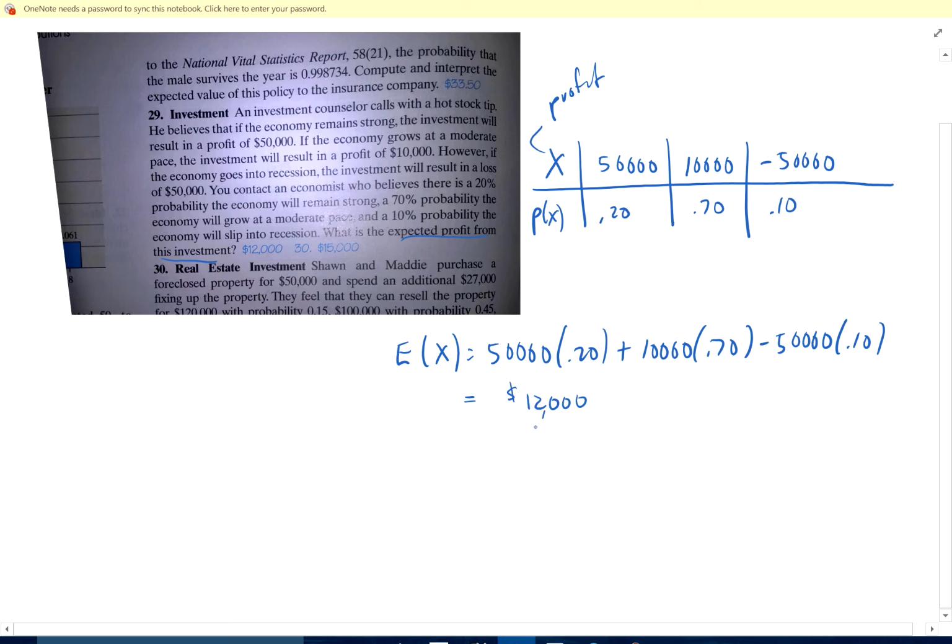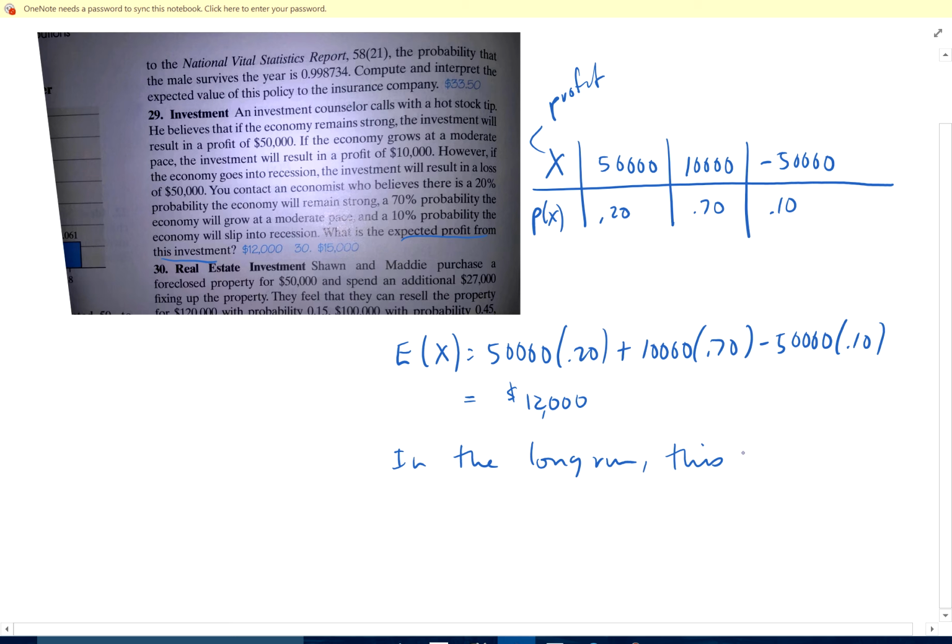And if you do that calculation, you get $12,000. So in this case, instead of saying on average, we can say in the long run, that means this exact investment is going to happen over and over again.